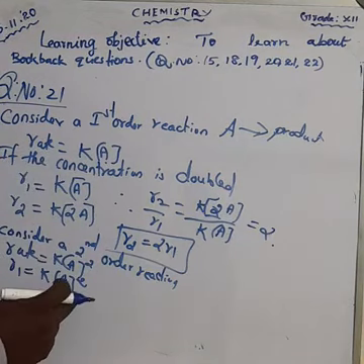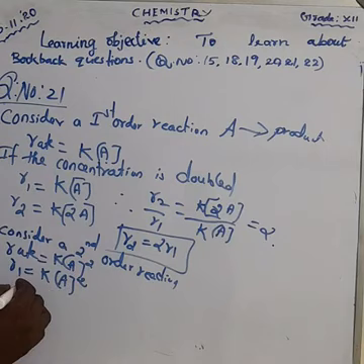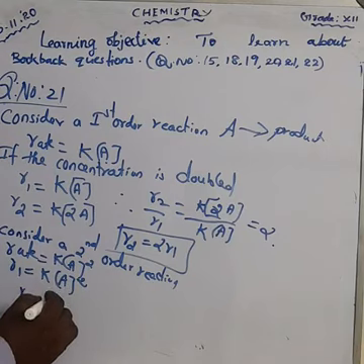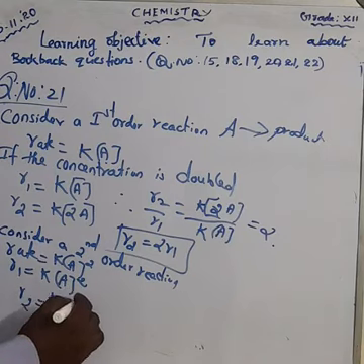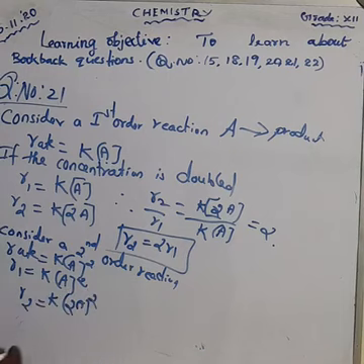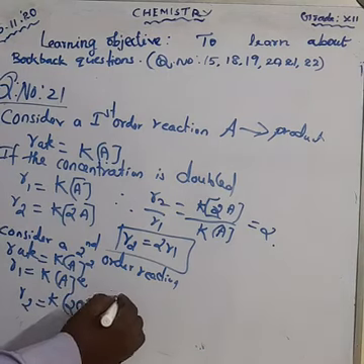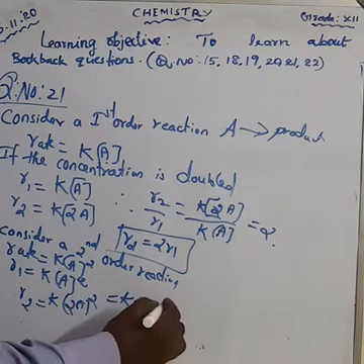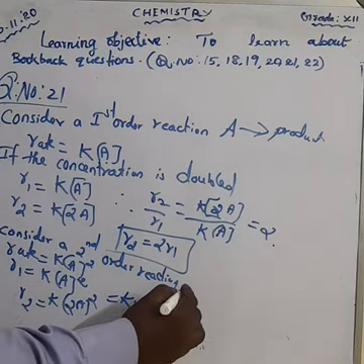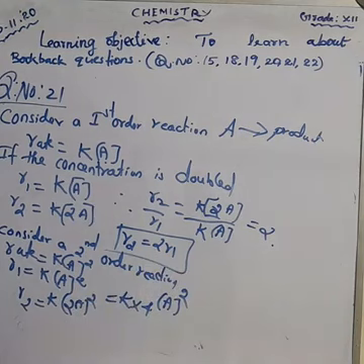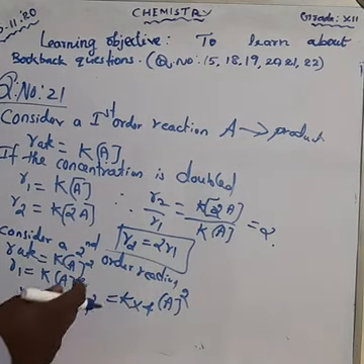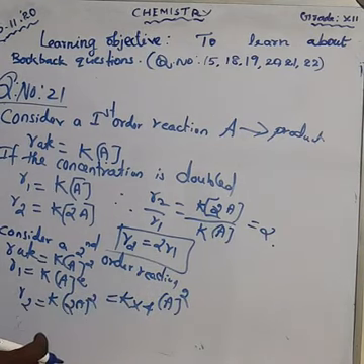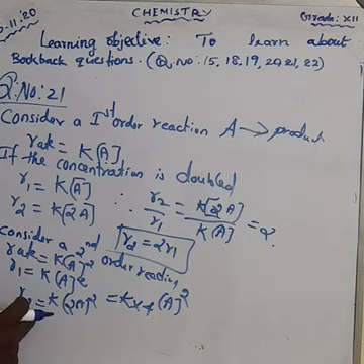If the concentration of the reactant is doubled, R2 is equal to K into (2A) squared, that is equal to K into 4A squared.